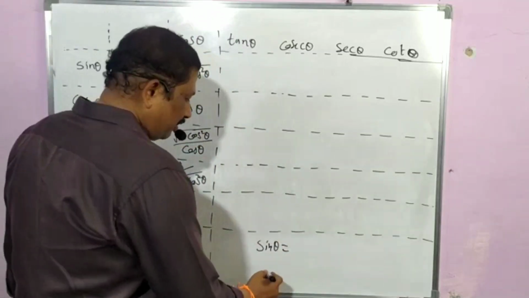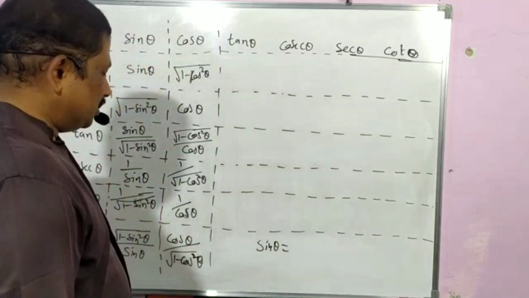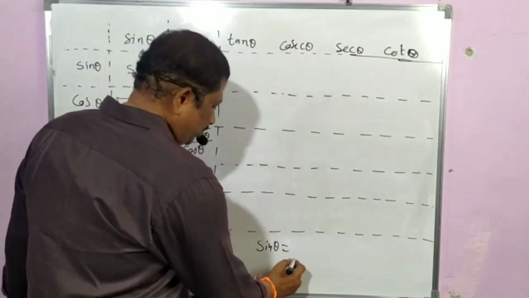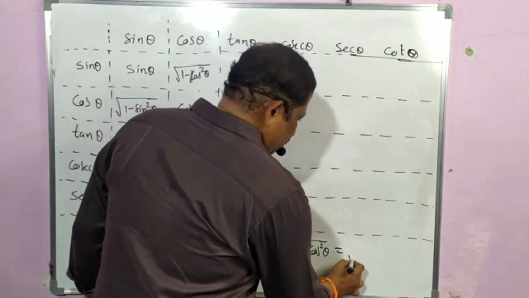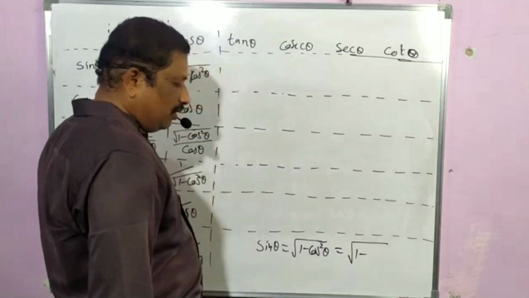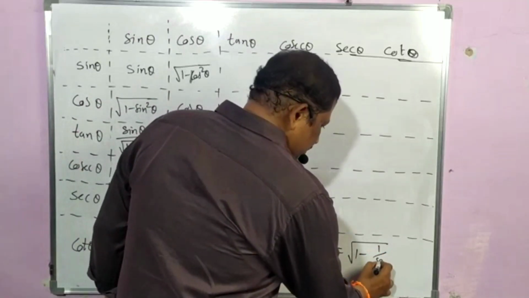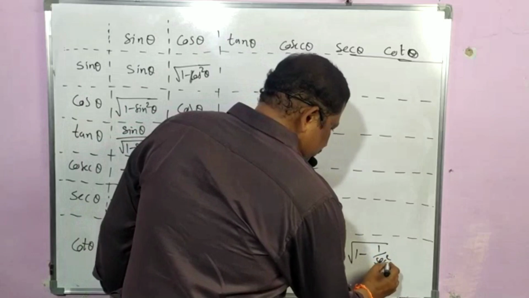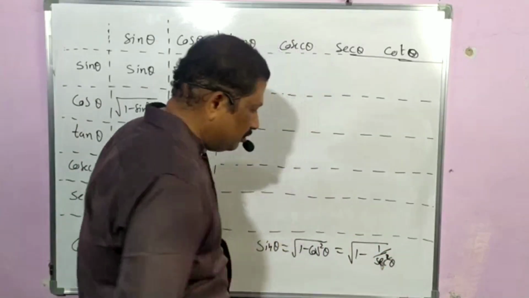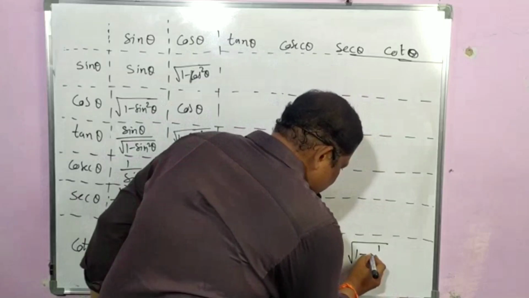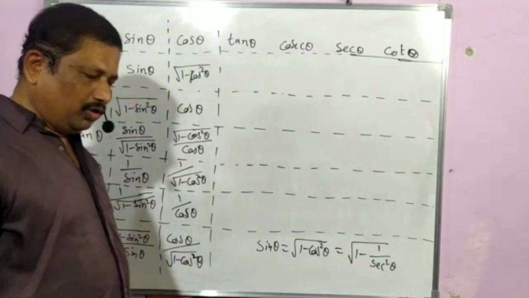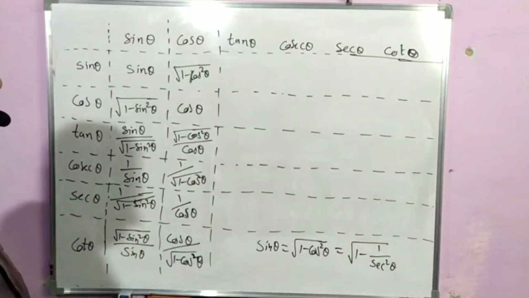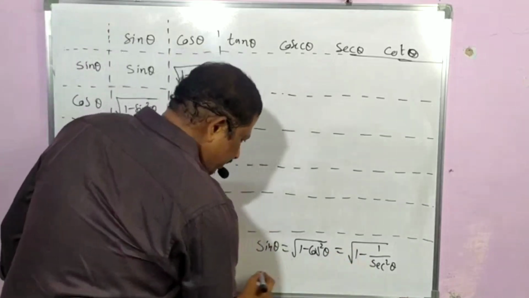So first sine we have to convert in terms of cos. Sine can be written as root of 1 minus cos square theta. Cos is the reciprocal of secant, so that is root of 1 minus 1 by secant square theta. Okay. So this secant square theta can be written in the form of tan. So first simplify it.